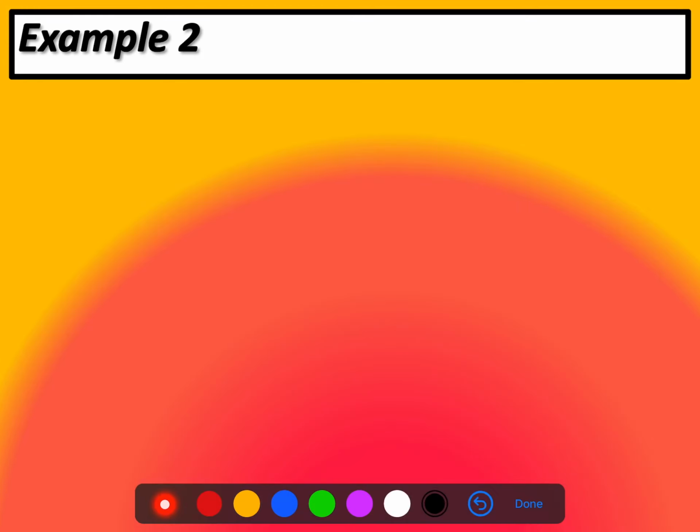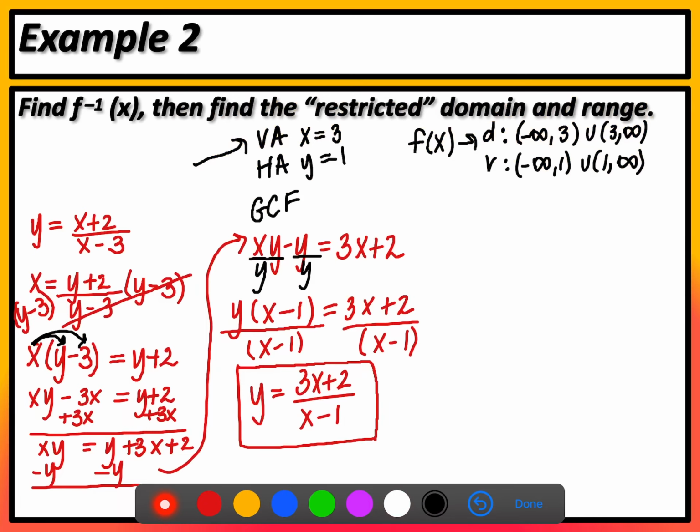Okay, so now I know for my inverse that I should be able to flip my domain and range, but I still want to check and make sure that it's correct.